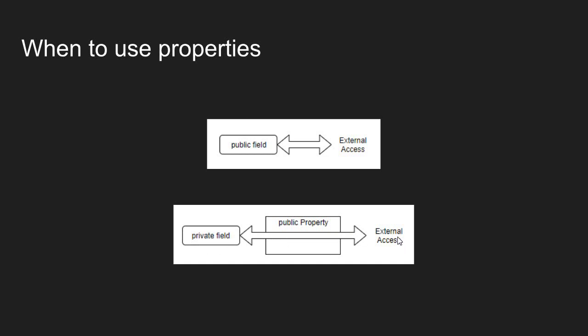So when the outside world wanted to, for example, assign a new age to our person object, they would have to go through the property, and the property would decide, is this value a good value to assign to the field variable, or will I block it? Okay, so a property behaves like a variable because the outside world will interact with the property like it was a variable, but the property doesn't really hold anything. It's just the pass-through to the field variable.